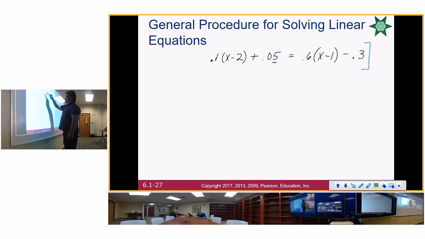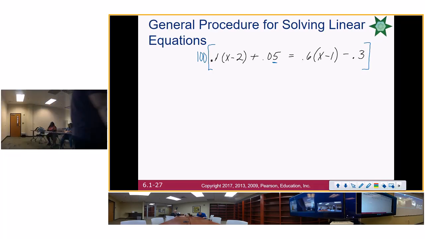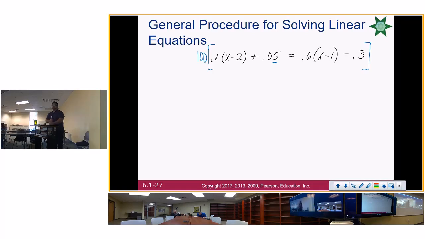So I want you to go ahead and do that. So that means you got to move the decimal on anything that has a decimal in it. You're going to have to move it 2 places to the right. And of course, that means you're going to have to add a 0 to 3 of your terms.